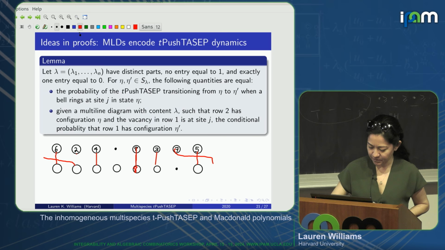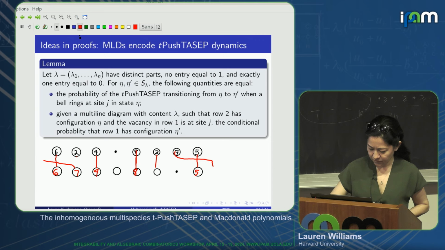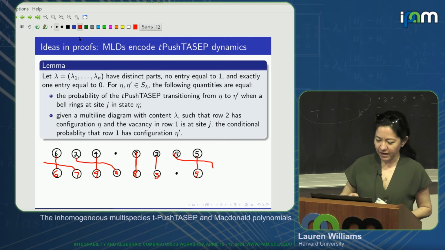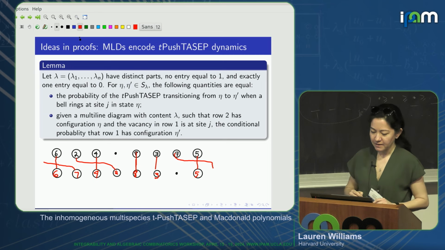I should have filled in these numbers here: 6, 5, 4, 3. OK, and now 2 is looking for a place to go. It matches here.